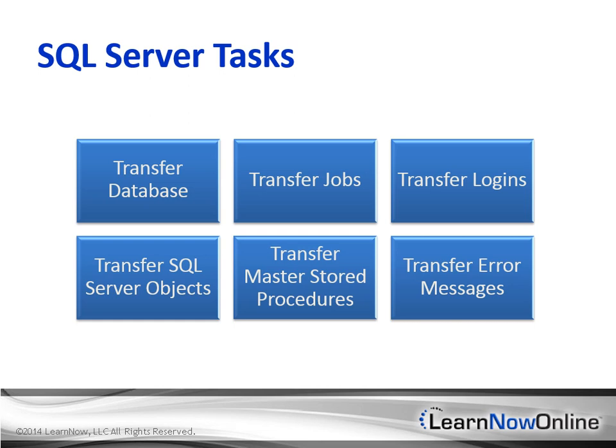So you're able to write your own Transact-SQL code in order to move objects using this more generic Transfer SQL Server Objects task. In general, you should use the more specific task if it's available, but if you can't do what you need to do with the specific task, use the more generic Transfer SQL Server Objects task.